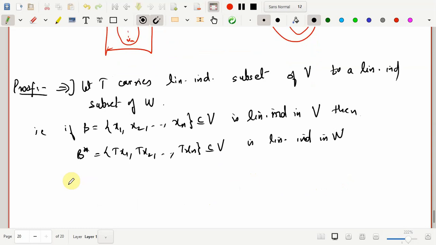Assuming this is true, we need to show that T is non-singular.